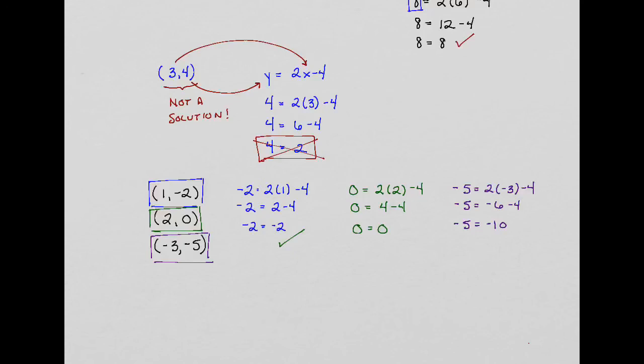Likewise, when we look at the ordered pair of 2, 0, we also see that this is a solution, or in other words, it satisfies the equation because we get this true statement of 0 is equal to 0. However, the issue does come up when we try to use the ordered pair negative 3, negative 5. It does not satisfy the equation because we get a statement that says negative 5 is the same thing as negative 10. Not true. Therefore, it is a false statement.